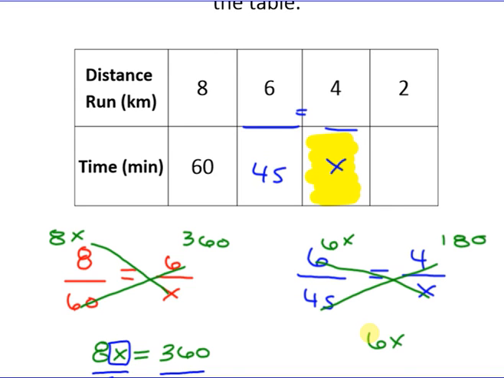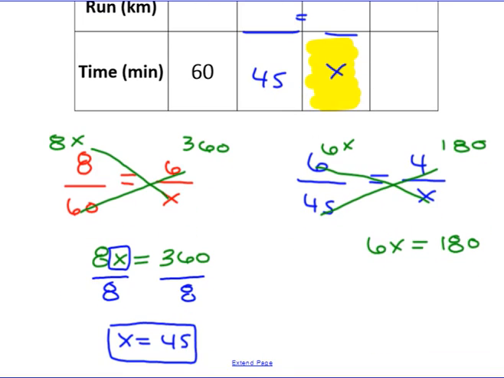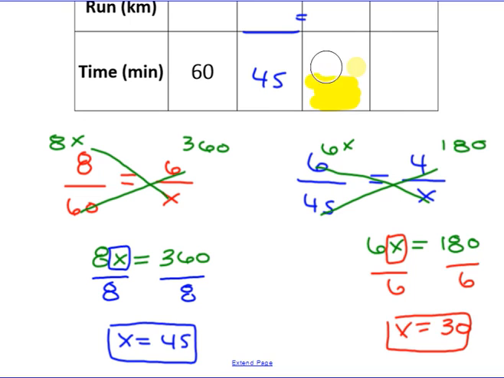So 6x equals 180. Box the variable. Divide by 6 on both sides. X equals 30. So this guy right here is going to be 30.